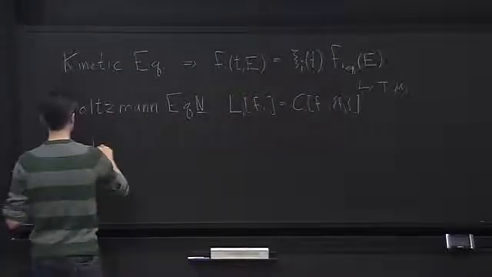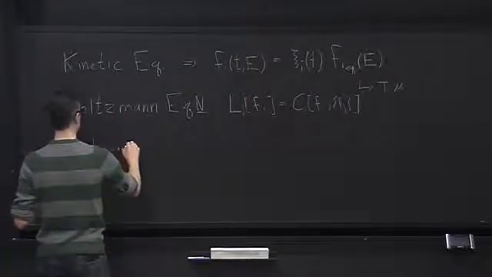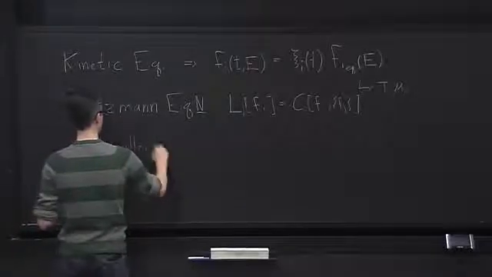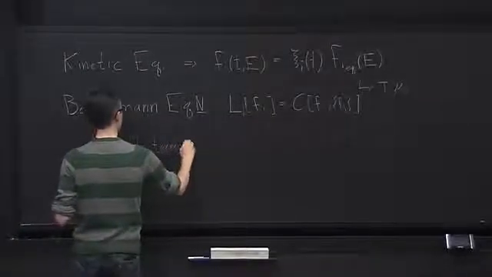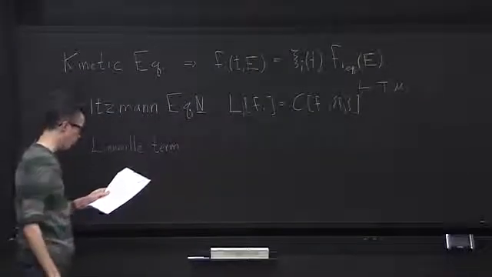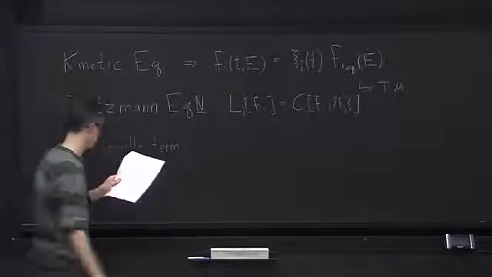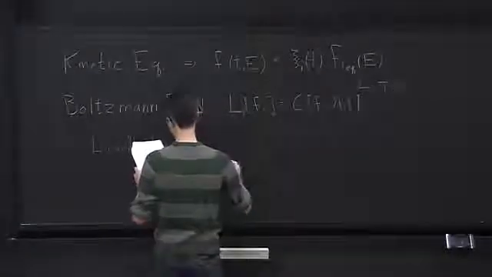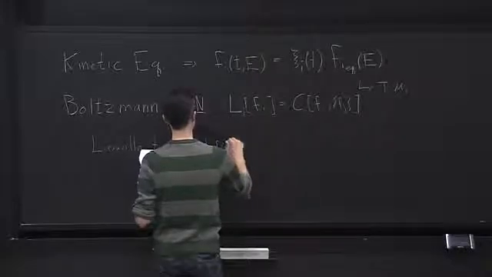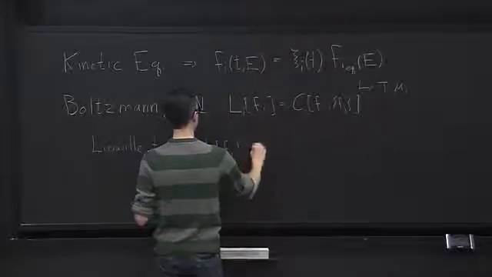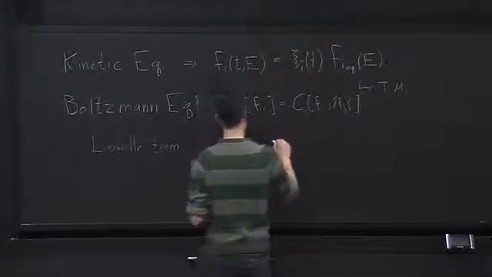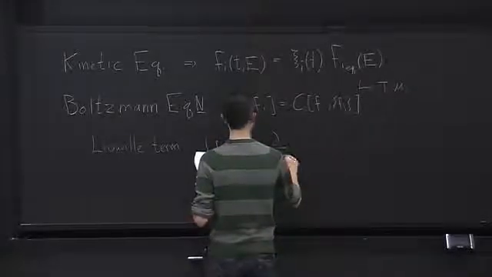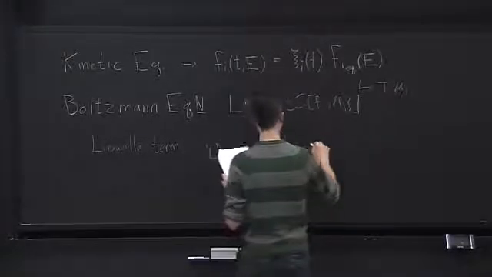So the first term, the so-called Liouville term, in a non-relativistic system, it turns out that the Liouville term is essentially just a total time derivative. It's a partial time derivative plus a term with velocity and force.